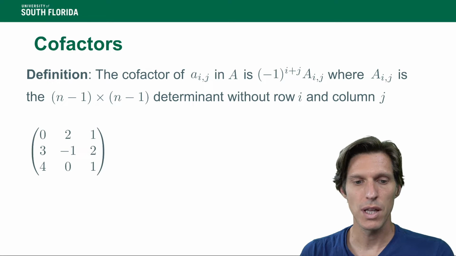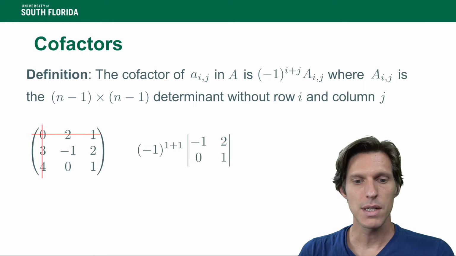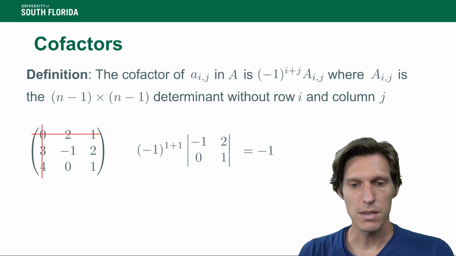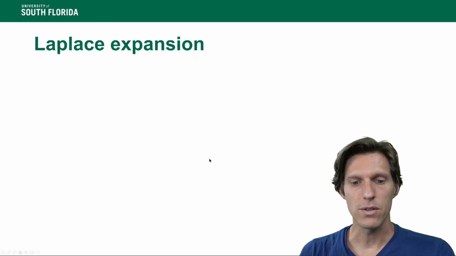So what does it look like? So here, for example, if i and j are equal to 1, then this is the cofactor of a11, okay? And that's -1. So you see, all I had to do was to remove 1 row and 1 column, and that gave me this cofactor, okay?